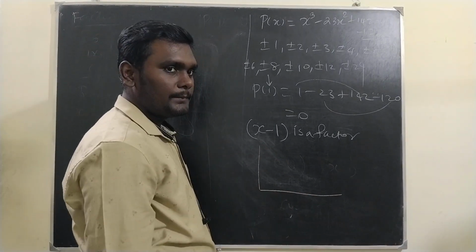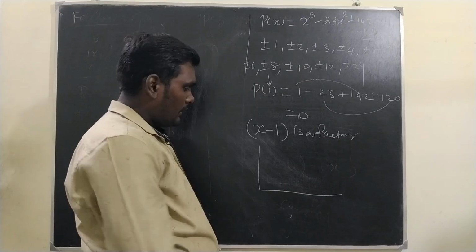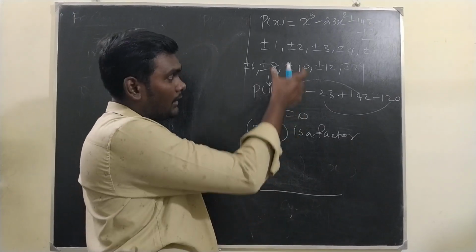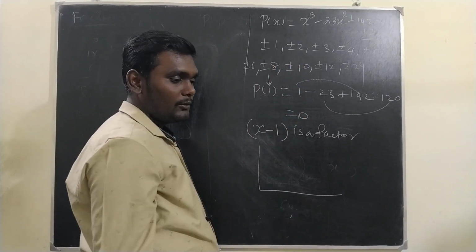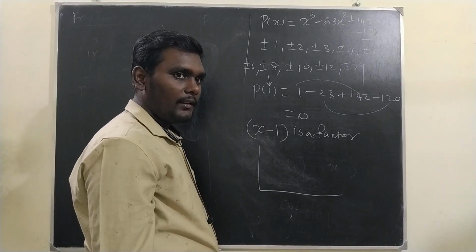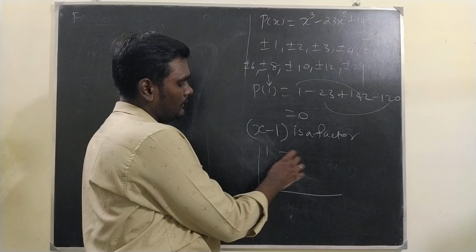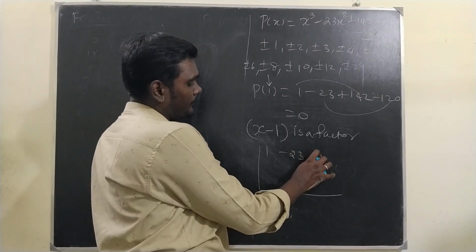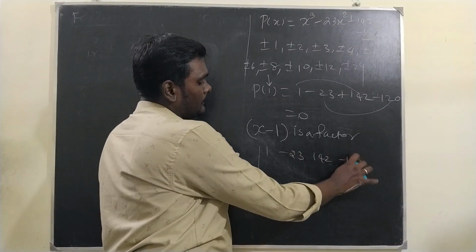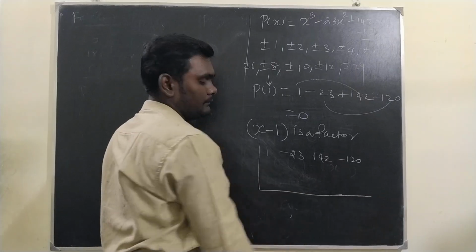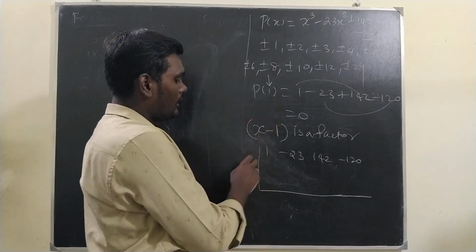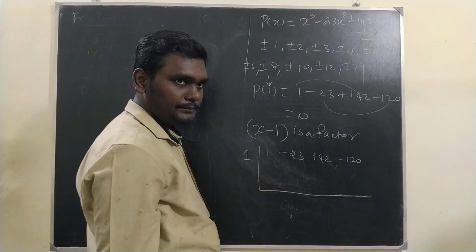Synthetic division means what? This kind of L division. We have to write the coefficients as per the order. Suppose one coefficient is missing, then we can replace that place with a 0. So here 1, minus 23, 142, minus 120. Then the substituted value we can directly write here, 1.